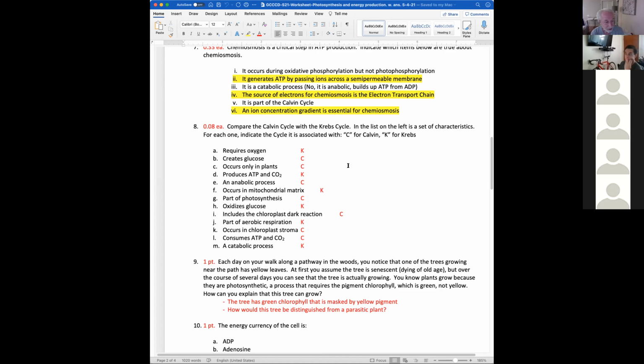Produces ATP and carbon dioxide, that's Krebs. Anabolic, Calvin. Number D is Krebs. E, an anabolic process, is Calvin. Occurs in a mitochondrial matrix, is Krebs. It's part of photosynthesis, Calvin. Oxidizes glucose, Krebs.